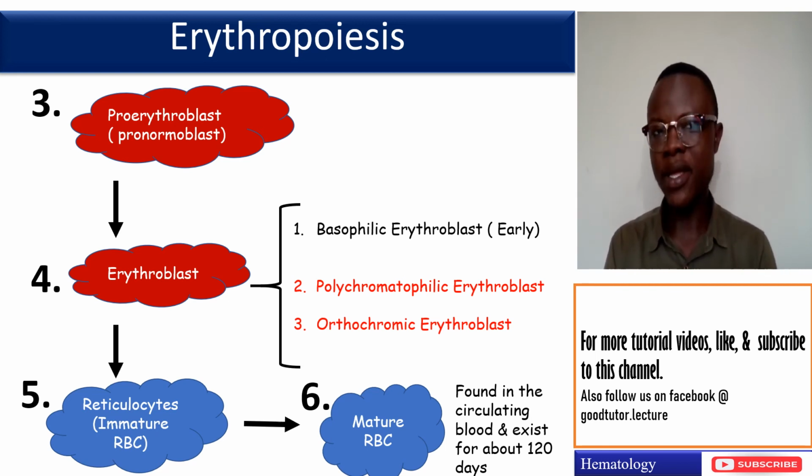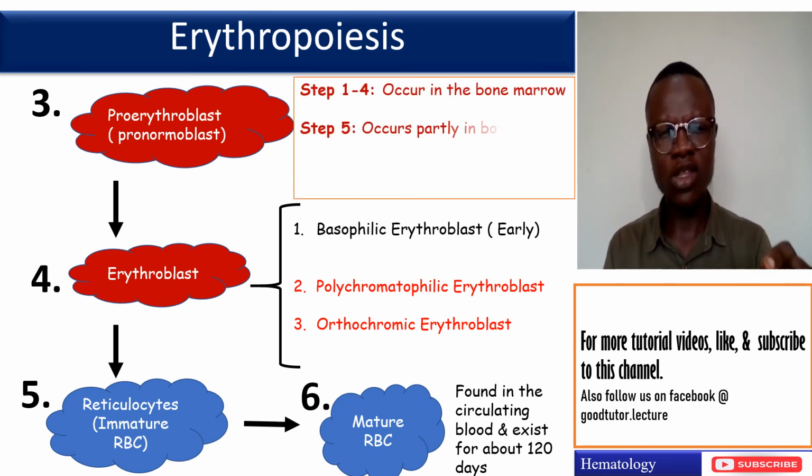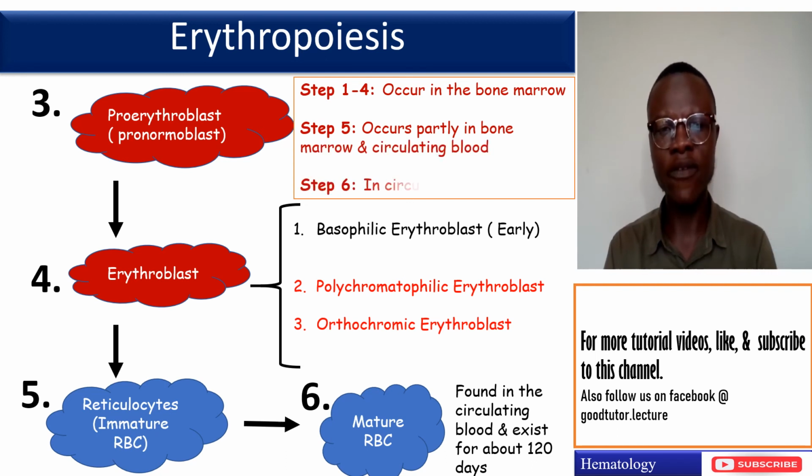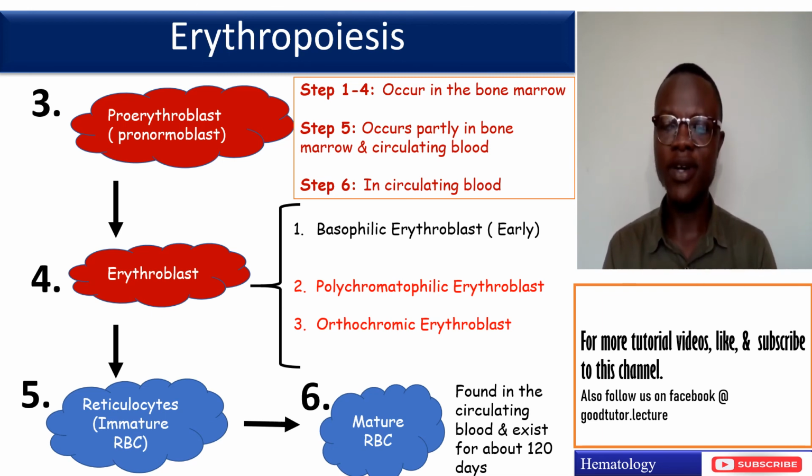But let's get some points here. When you notice, I listed or numbered each of the various cells as we went along. So the first steps, steps 1 to 4, just to highlight, occur in the bone marrow. And step 5, the reticulocyte, partly occurs in the bone marrow and also in the circulating blood.